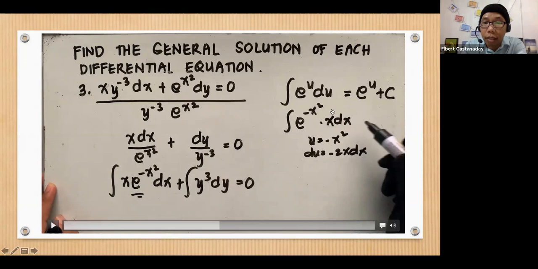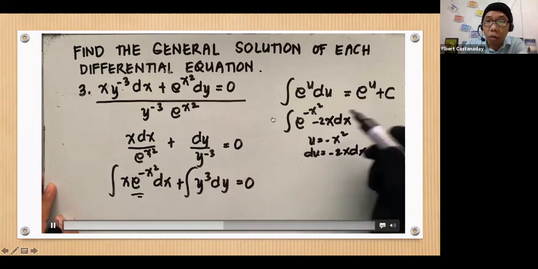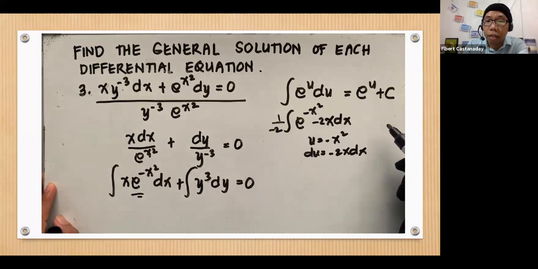As you noticed, here you have x dx, so you only need minus 2 to be able to satisfy this formula. So you can introduce a neutralizing factor. You put minus 2 here, you can do that, and then you put a neutralizing factor of minus 1/2 outside.